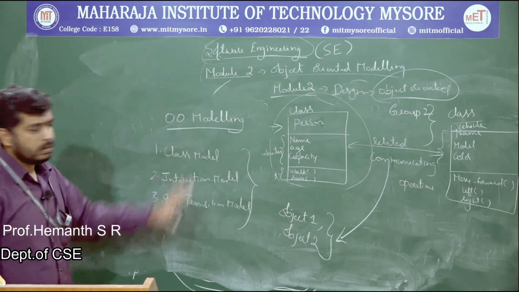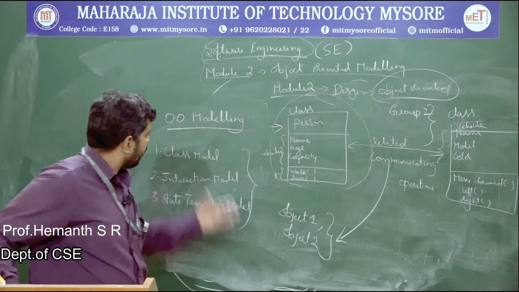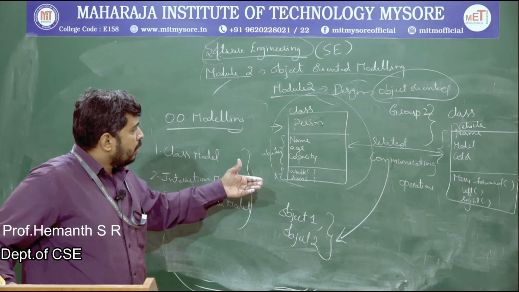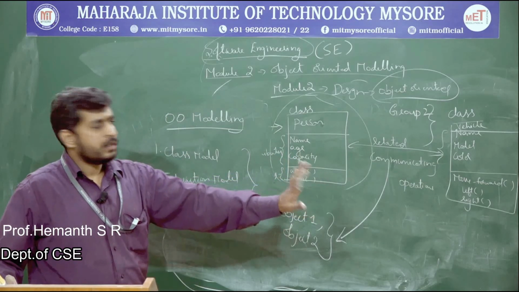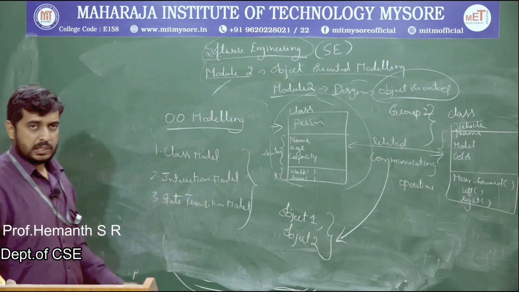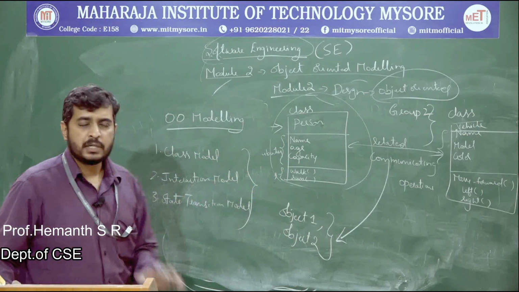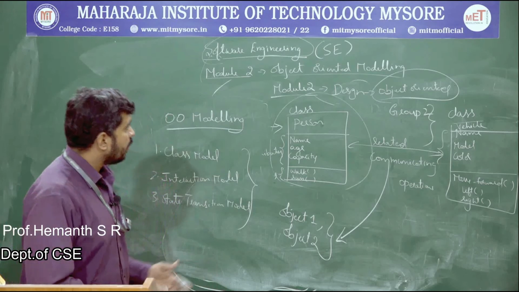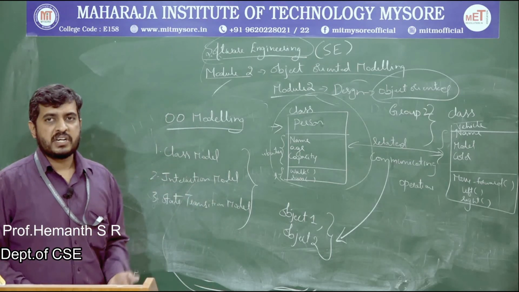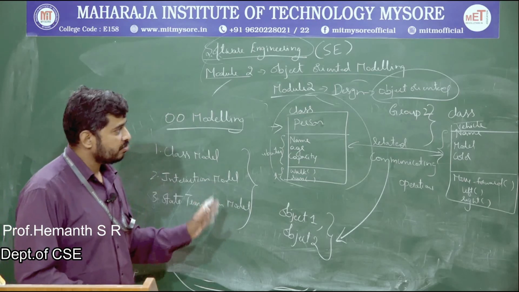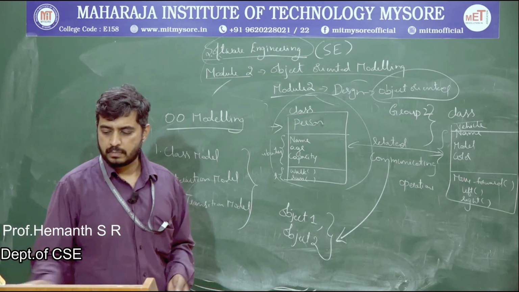So this is a section in module 2 where you will see how classes and objects are related and how they are communicating. Also you will see a few powerful features of object oriented design called abstraction and encapsulation, the details of which we will take up in the later sessions.